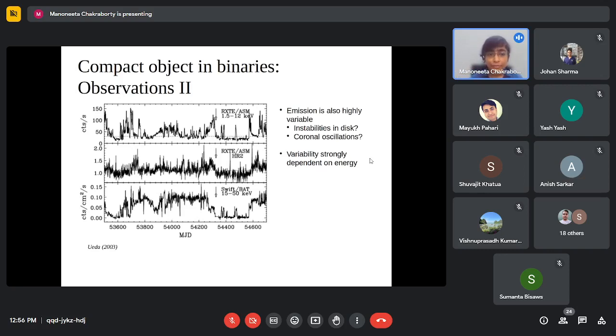And as you see from here, the variabilities can be strongly dependent on energy. Here you can look at the variability at the softer energy band, which is here, and the variability at the higher energy band, and these two are not exactly following each other. So variability can also be strongly dependent on the energy as well.